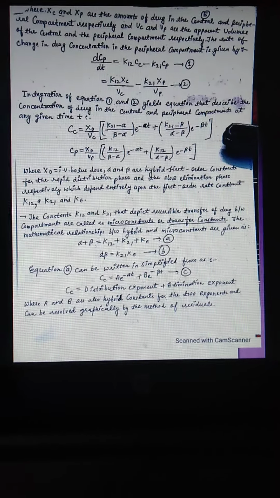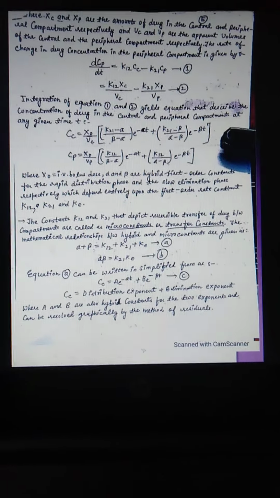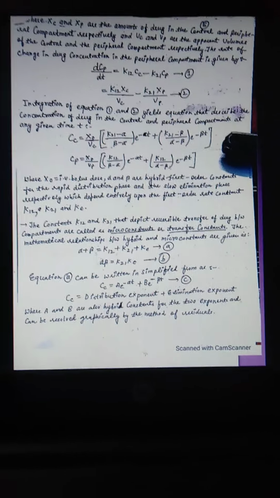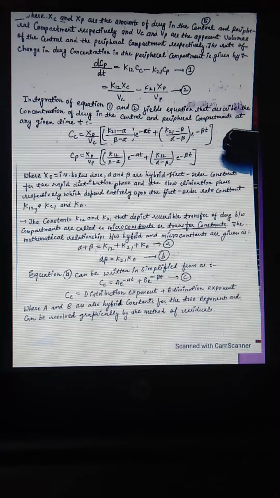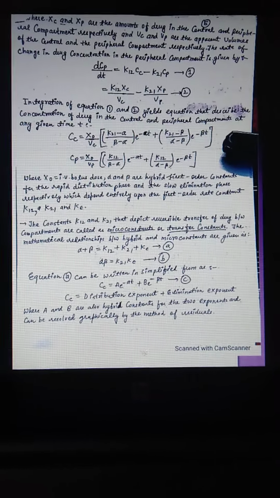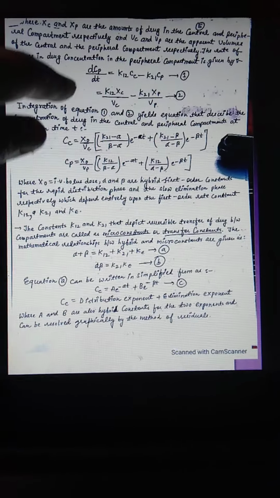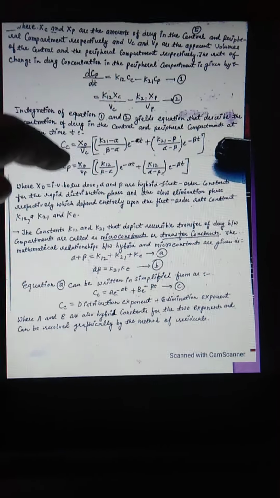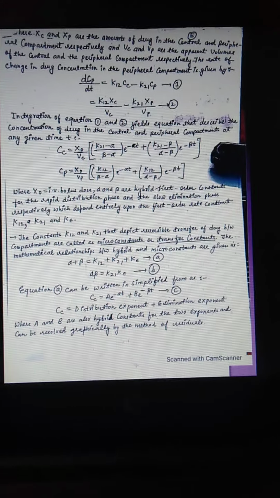Integration of equations first and second yields equations that describe the concentration of drug in the central and peripheral compartments at any given time t. So the equation becomes this one, and integrating the second equation results in this.